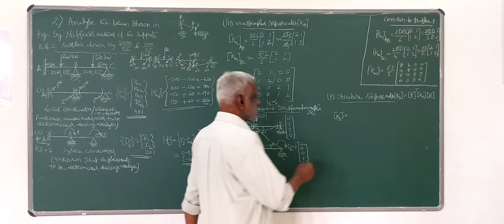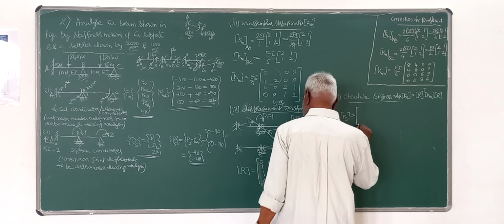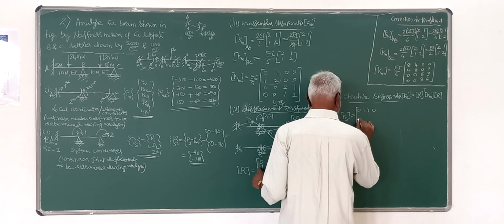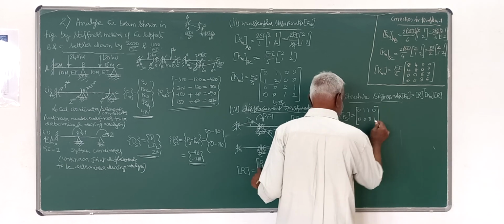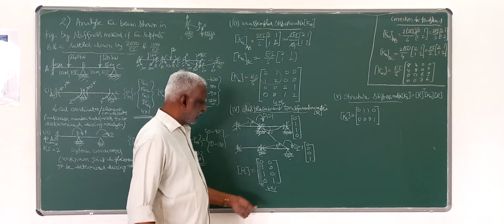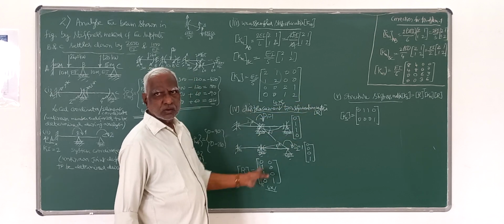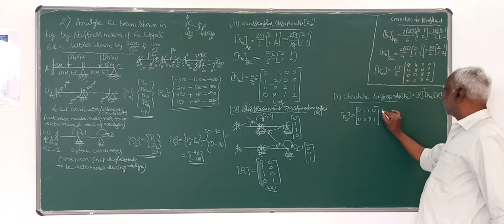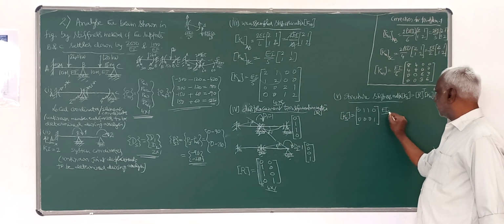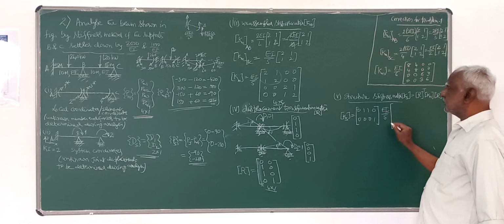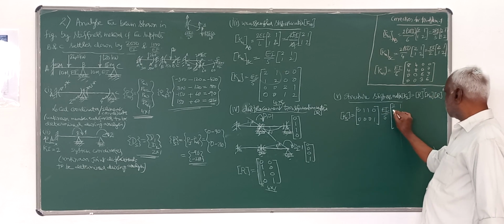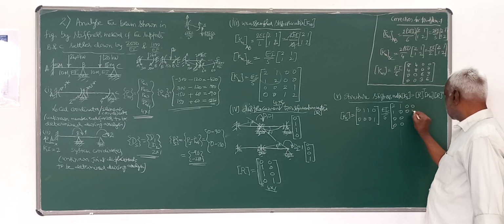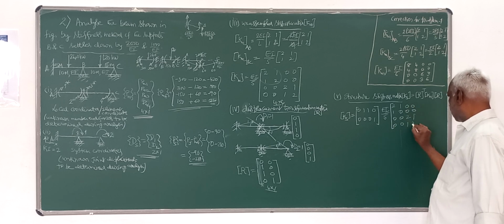RT means the transpose of this matrix, it will be 0, 1, 1, 0, 0, 0. That is RT. I will change the rows to columns or columns to rows. That is RT into Km. Km I have generated here, that is EI by 5 into 2, 1, 1, 0, 0, 0, 0, 0, and 2, 1, 1, 2.